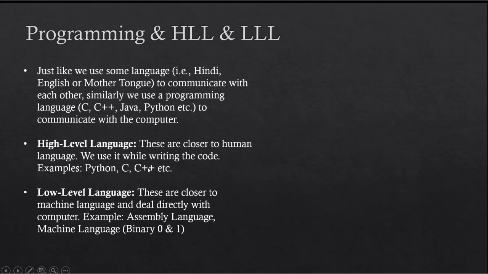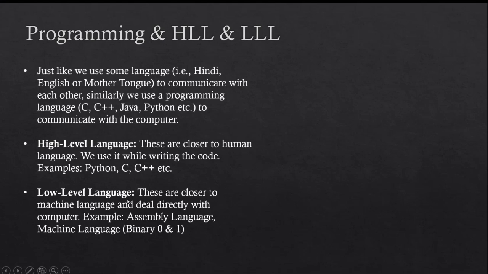We use these softwares to give the instruction to the computer. These are closer to the human language, so this is called high level language. But when we give our instruction using these softwares, it is converted into some machine language, which is understandable to the system. This is called low level language.